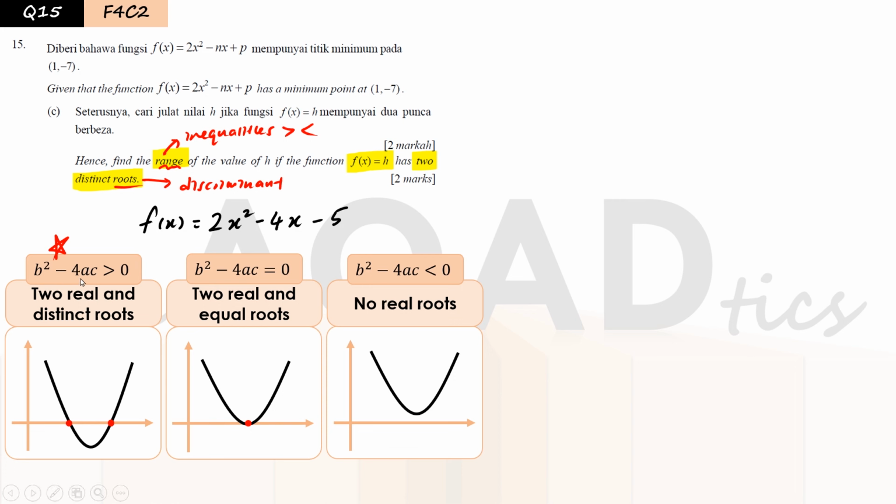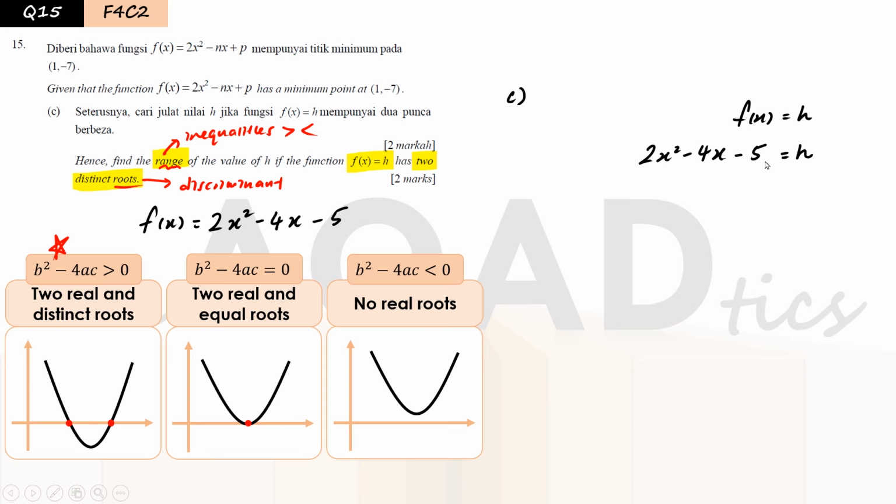Alright, so now we need to figure out what is the value of b, a, and c from this equation. Okay, so let's start off with f of x equals h, and let's substitute the function that we have gotten just now, 2x squared minus 4x minus 5.